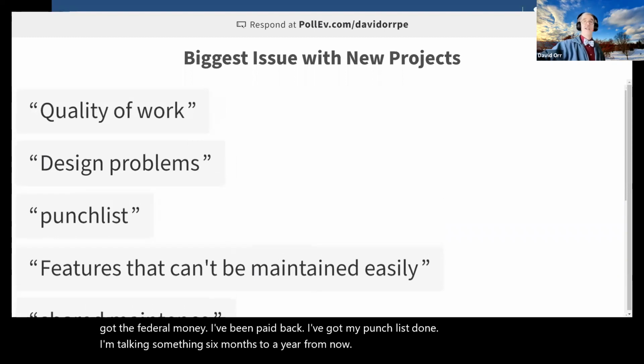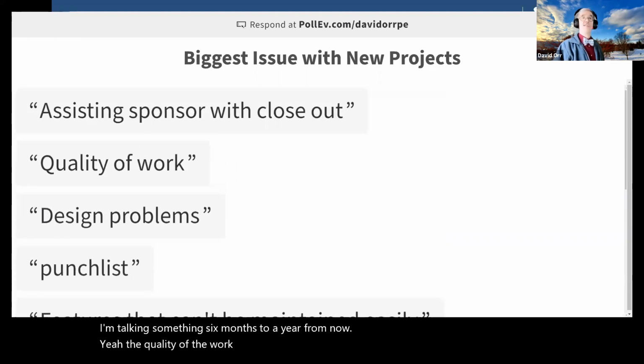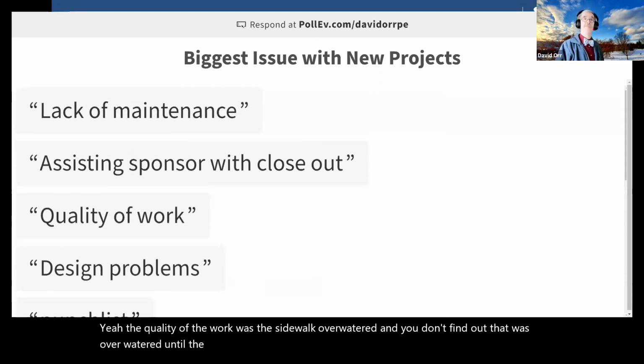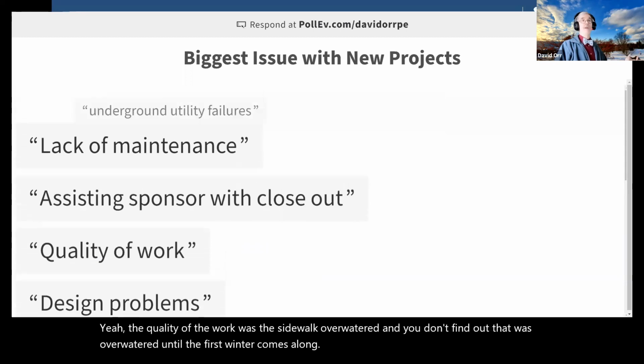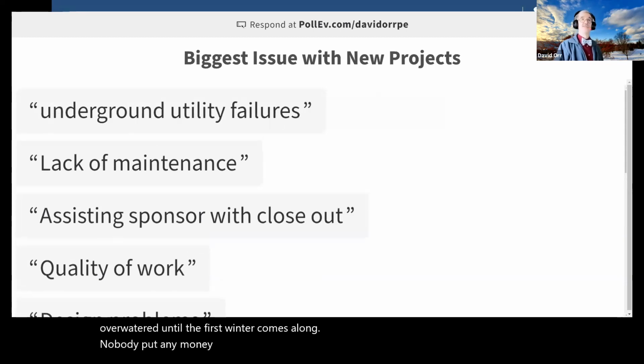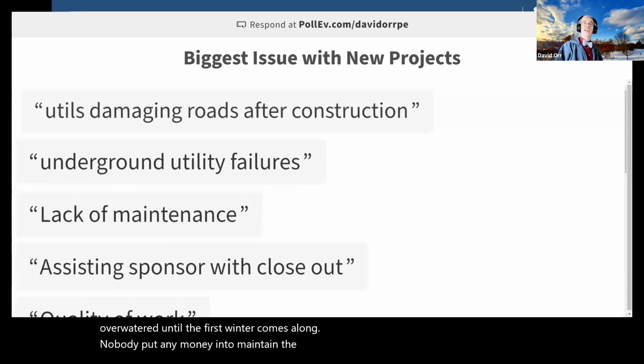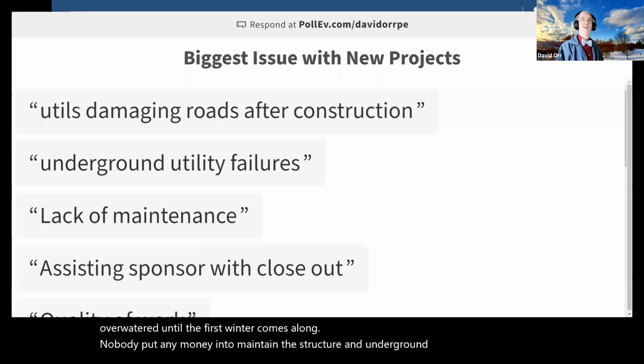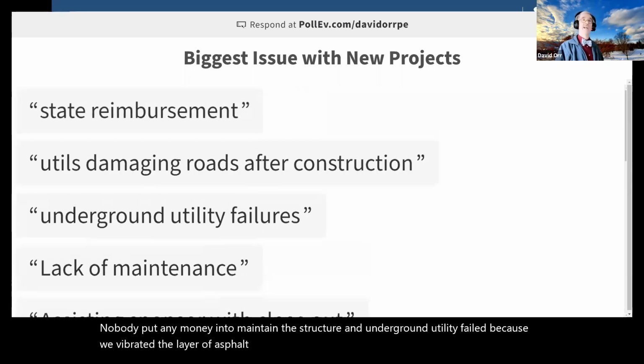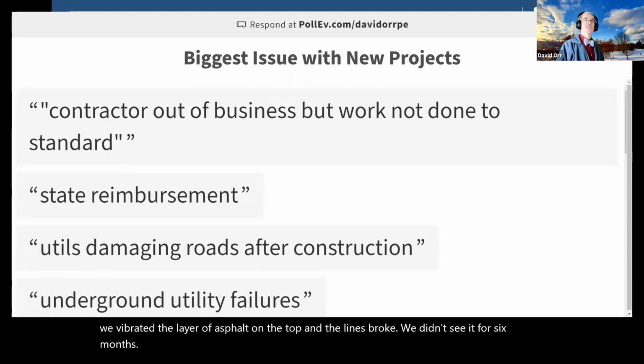Yeah, the quality of the work. Was the sidewalk overwatered? And you don't find out that it was overwatered until the first winter comes along. Nobody put any money in to maintain the structure. An underground utility failed because we vibrated the layer of asphalt on the top and the lines broke. Didn't see it for 6 months. Okay.